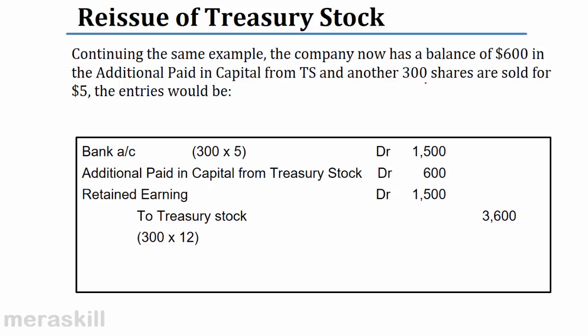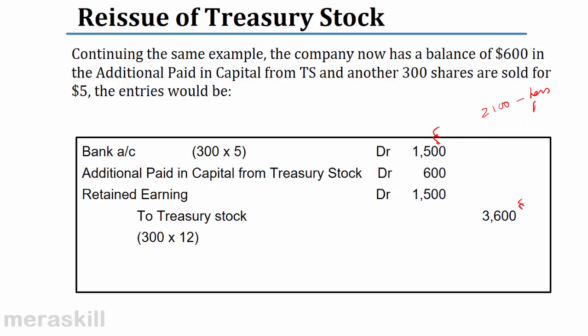Now you are selling 300 shares for $5. When you do that, 300 into 5, you get 1,500. This is clear. But treasury stock is going to be 300 into 12, 3,600. Right? So now I have to take care. I need another 2,100. I need 2,100, that is my loss.